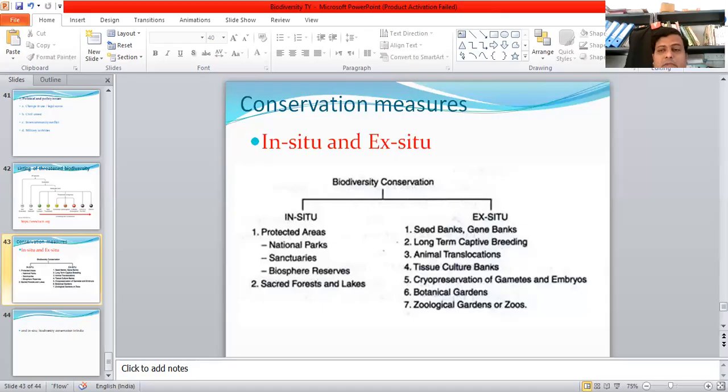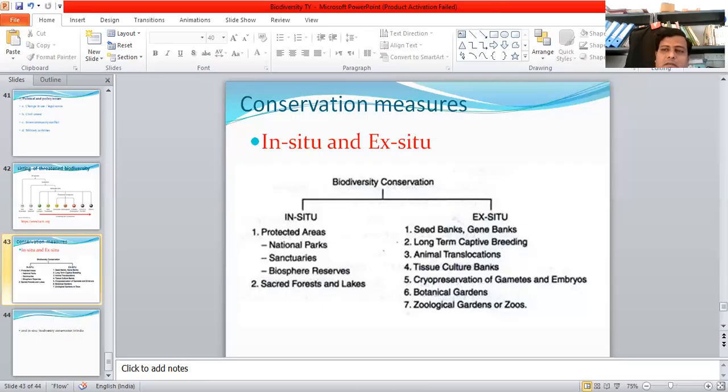Tissue culture banks have been formed using various meristematic material. Long-term cultures of excised roots or shoots are maintained in meristem culture. It is very popular in plant propagation also, to ensure disease-free plants.